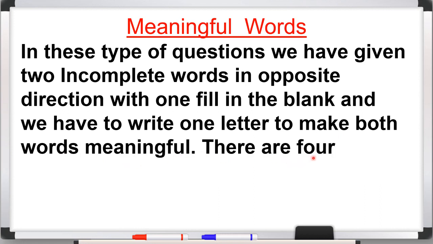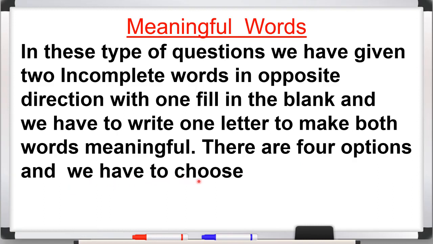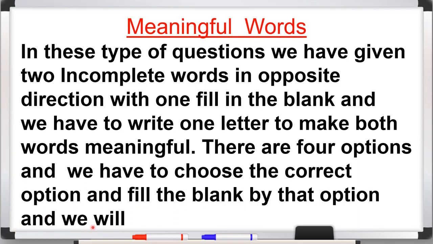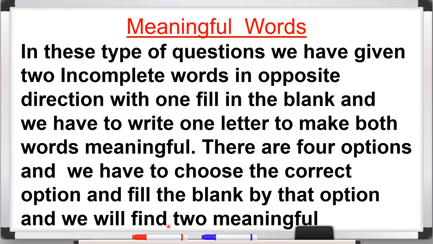There are four options and we have to choose the correct option and fill the blank by that option, and we will find two meaningful words. So beta, what do you mean by it?